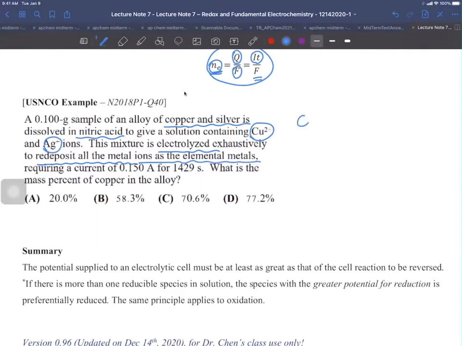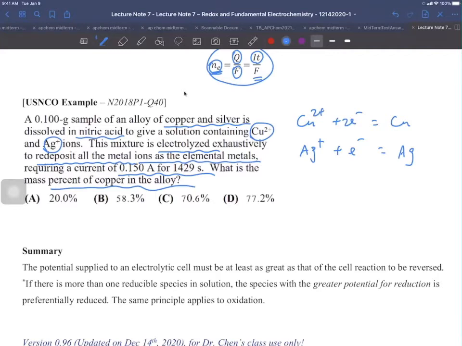So basically, copper 2+ will gain 2 electrons into copper, and Ag plus will gain 1 electron into Ag, right? It requires a current of 0.150 ampere for 1429 seconds. The question is asking for the mass percent of copper in the alloy, right?